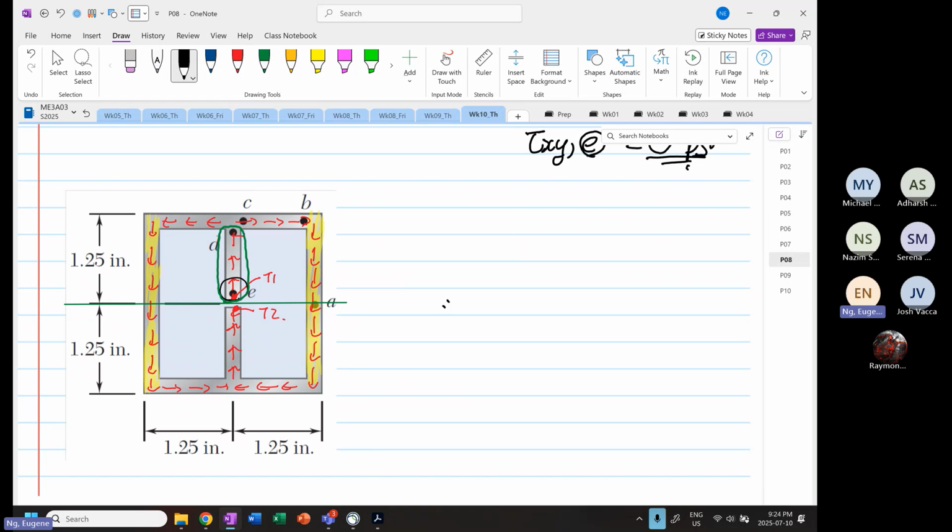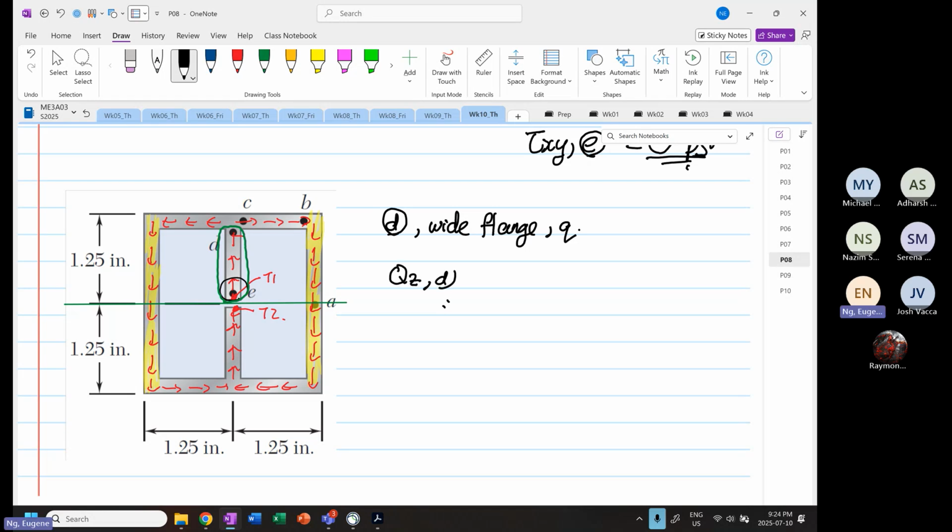When that's the case, you can say that point D is also a wide flange, and we only need to use Q.